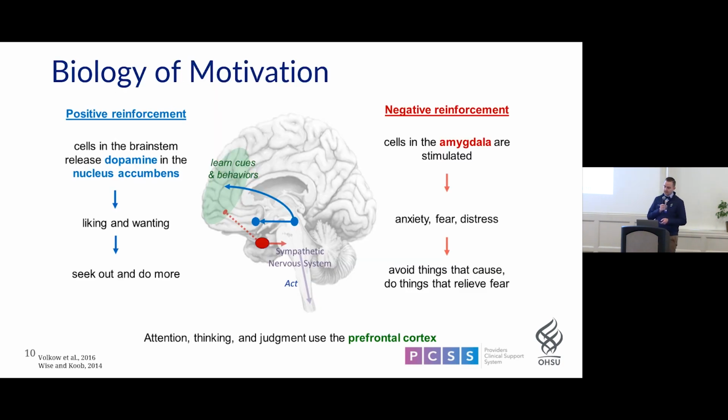And so thinking about positive and negative reinforcement, about motivation and how that plays into addiction. When opioids act on our basic motivational systems in the brain, in the brainstem area, they really are activating our reward pathways, which involve the nucleus accumbens.